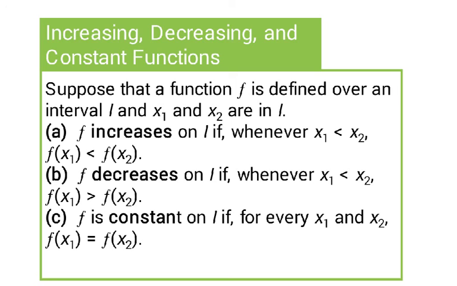If your x values are increasing, yet your y values are decreasing, getting smaller, then your function is decreasing. Now, if your x values are increasing or decreasing, doesn't matter which, and your y values are staying the same, then it's known as a constant interval. Okay?